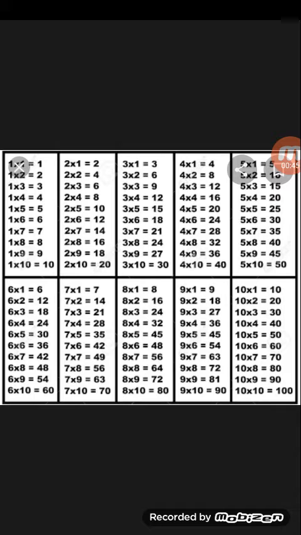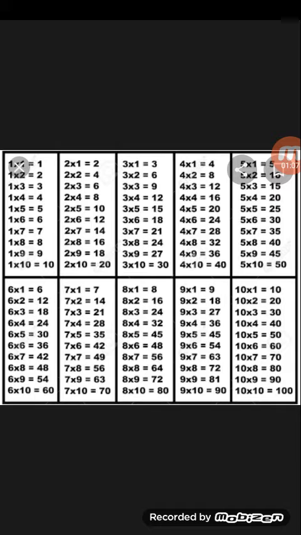So 1 times 1 is equal to 1. It's still the same, and it goes up to 10. The times 1 is easy, it's just the same number as the one you multiply.